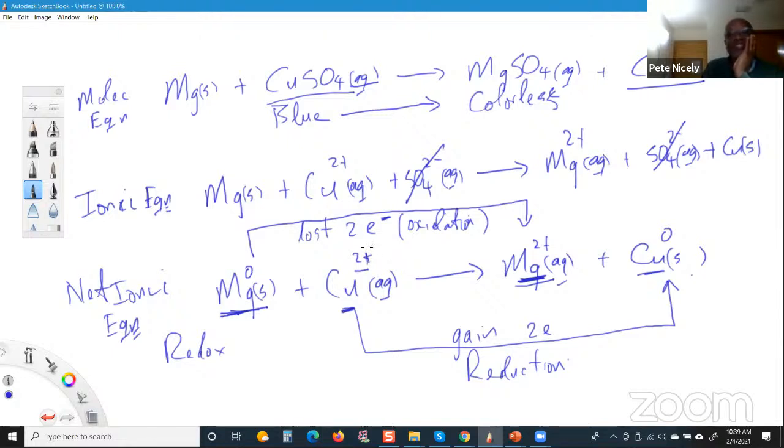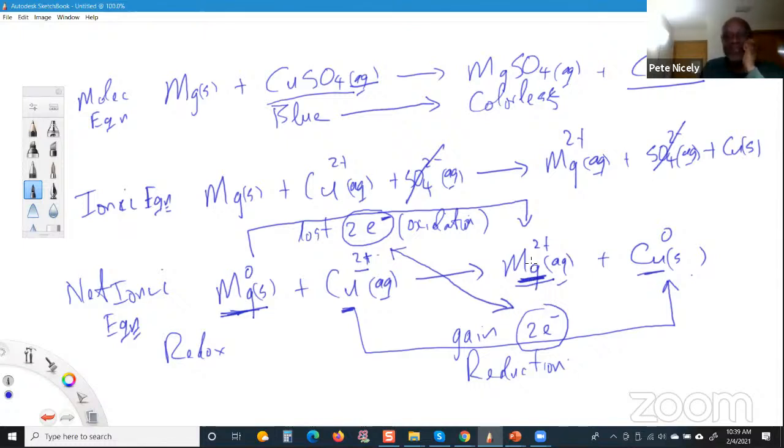And let me say this, and this will become important for future problem-solving exercises. In every single redox reaction, the number of electrons lost must be equal to the number of electrons gained, right? The number of electrons lost must be equal to the number of electrons gained.